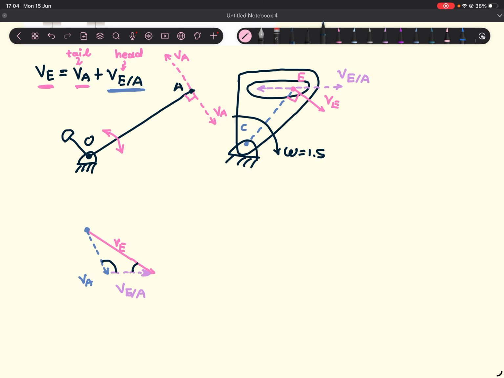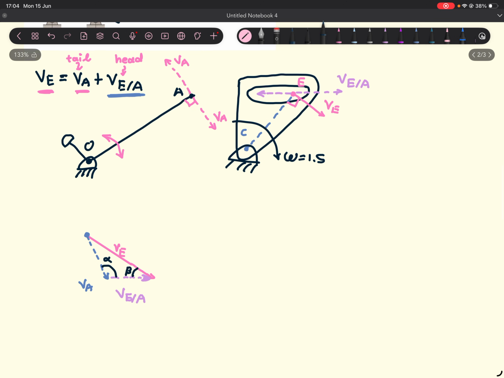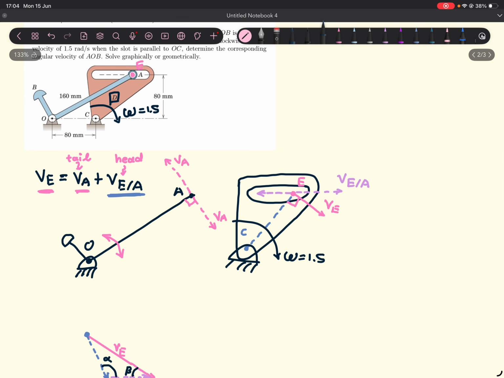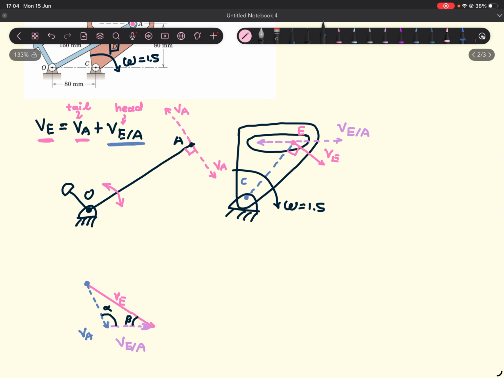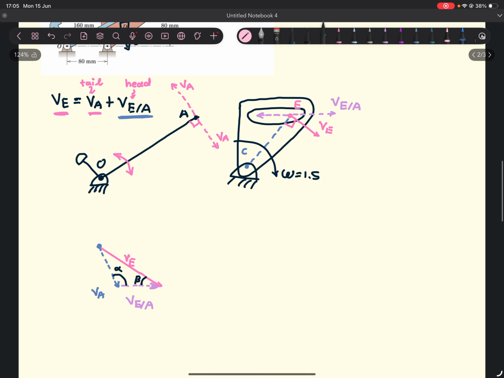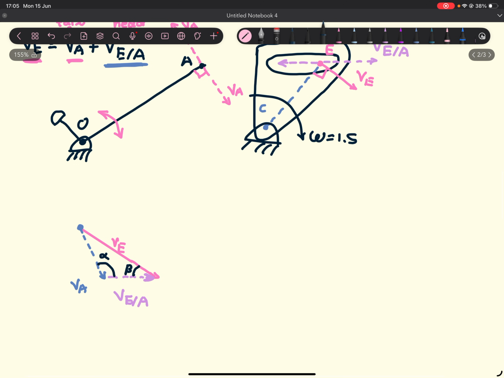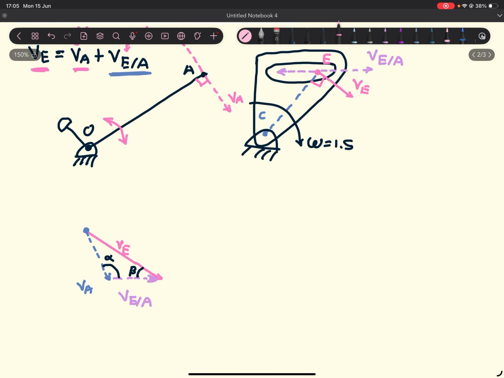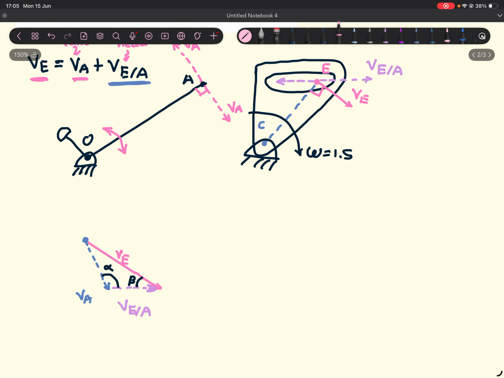I'm going to call this angle beta and this angle alpha, right? Then I need to find the angle that VE makes with a horizontal line from our diagram, and the angle that VA makes with a horizontal line.